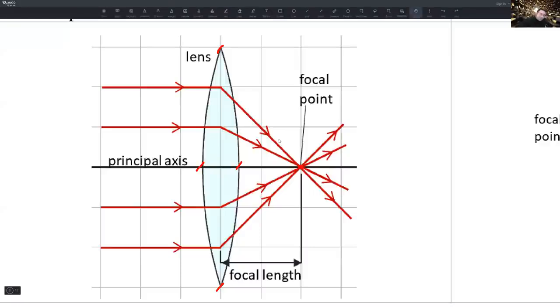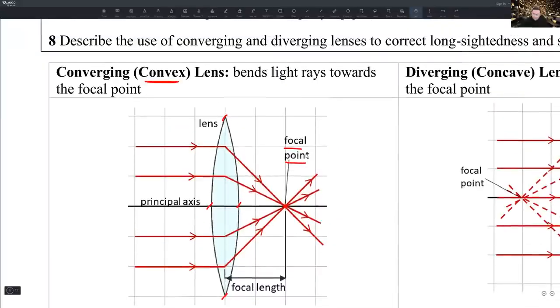And what's this point? It's called the focal point. We call this type of lens a convex or a converging lens. The word converge means towards each other. So the light rays, if they're parallel to each other, will all bend and pass through what we call the focal point.